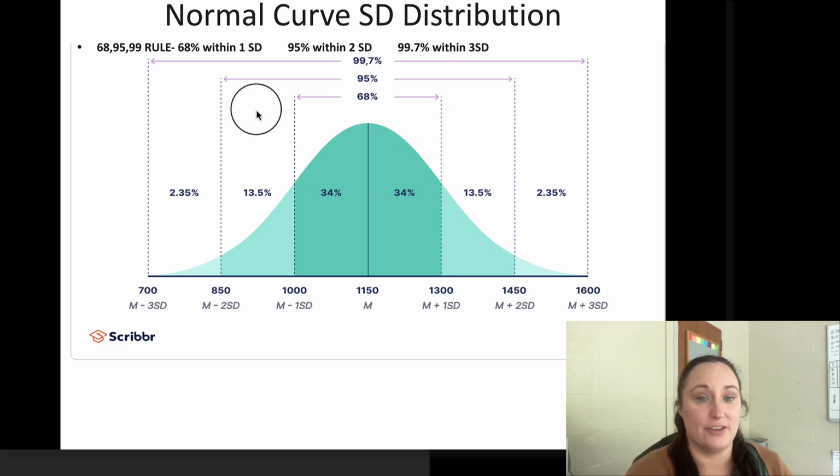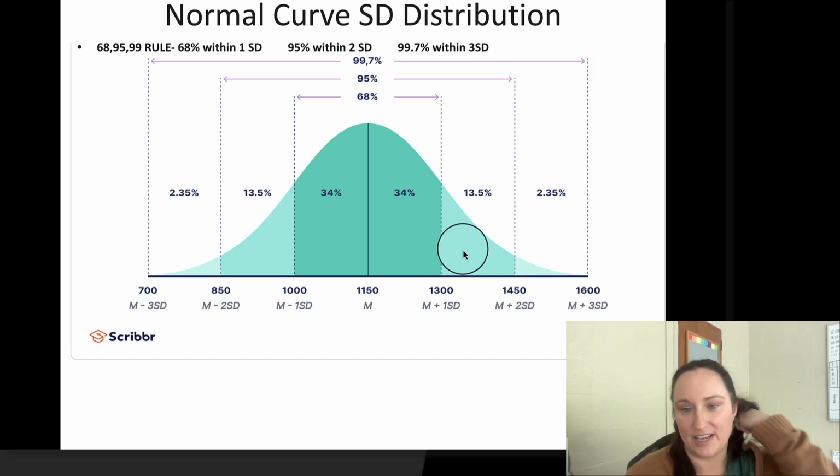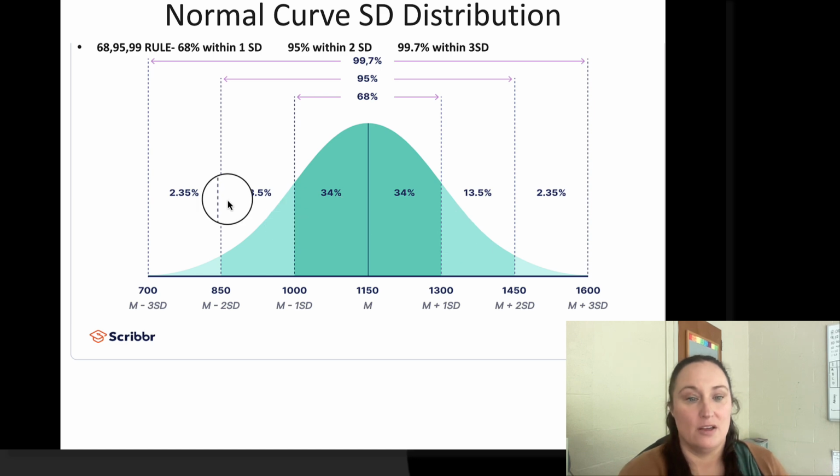If it is within 2 standard deviations, it is 95%. And if it is 3 standard deviations, it is 99.7%. That's all of our data points, right? If we include, and obviously that's not as many, right? It's 2.35% of the data is going to fall here. Just imagine little dots here representing each data point.